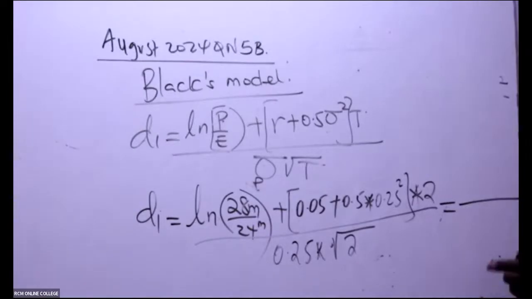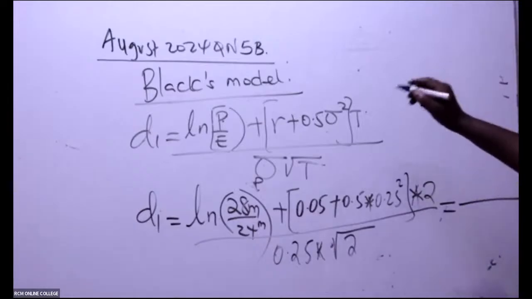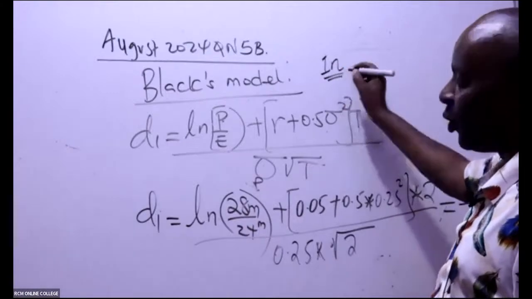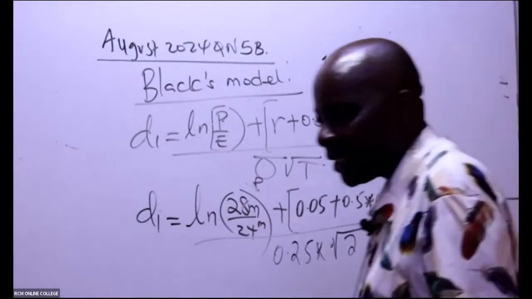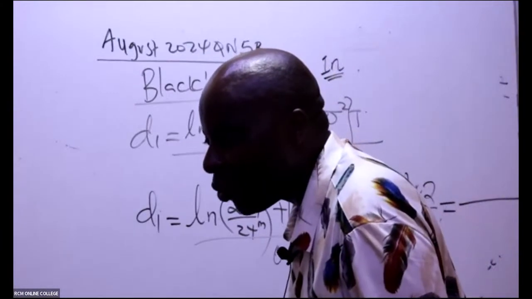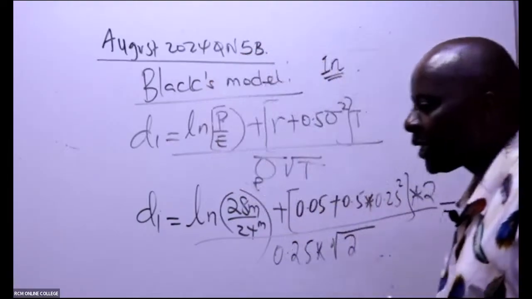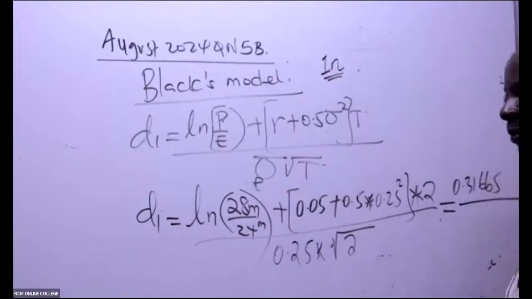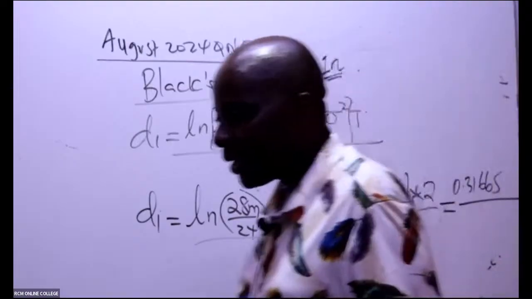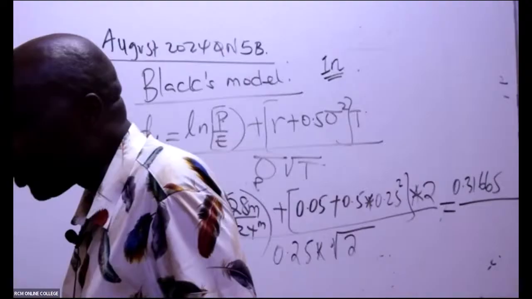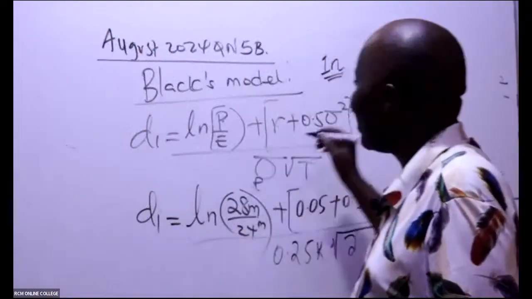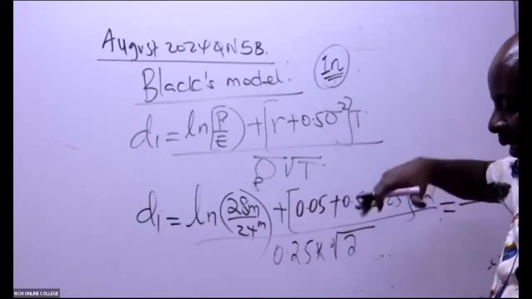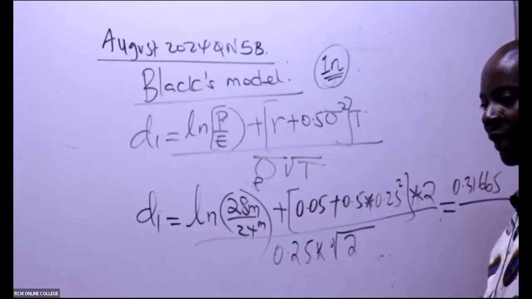Remember, it's not the normal logarithm, it is the Napierian logarithm. On your calculator they are calling it ln. It is giving me 0.31665. I can write many decimal places. Are you able to see where we have ln? It's written ln, just near the red thing where there are logarithms.